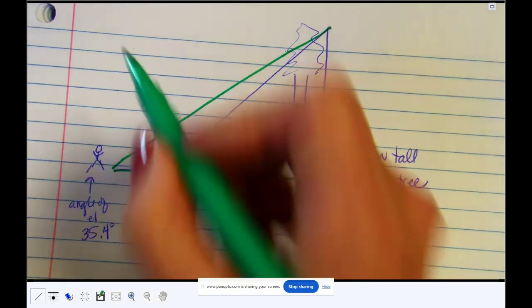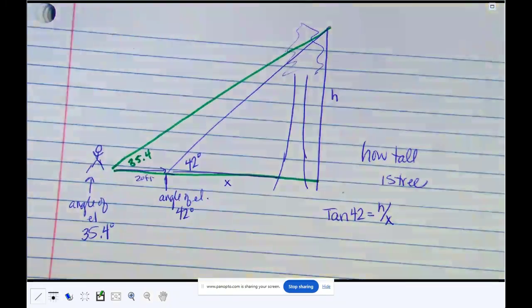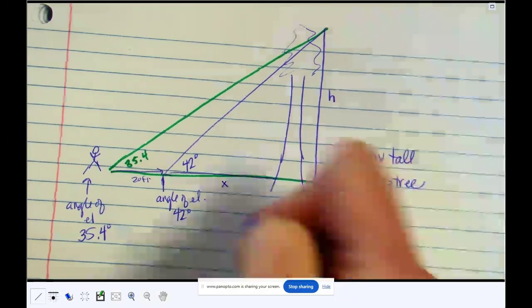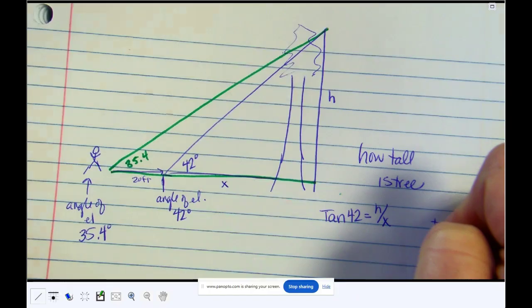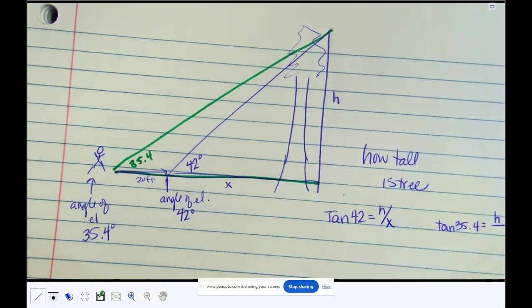I know his angle of elevation is 35.4. So tangent of 35.4 is equal to the opposite over what's the adjacent? There's your x plus 20.